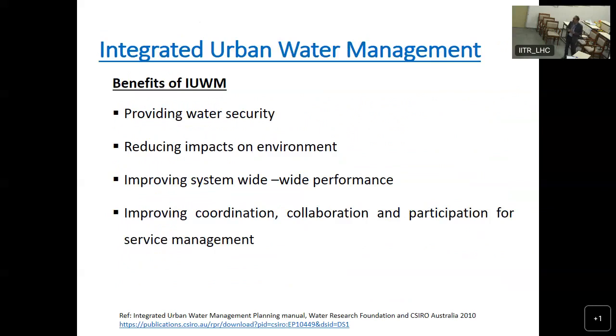So the benefits basically are providing water security, meaning providing water services to the community. If you are relying on conventional approaches, then there is a greater load on freshwater resources. By using this approach, we are using other resources and producing less load on the freshwater. That means, based on the fit for purpose concept, we are providing more security to the water supply system.